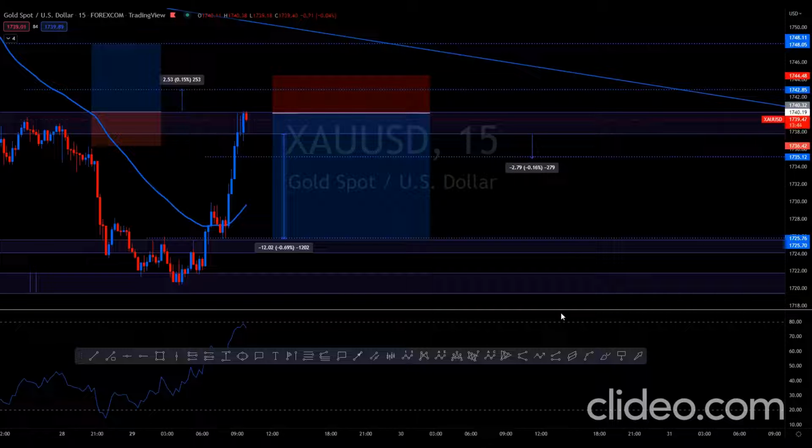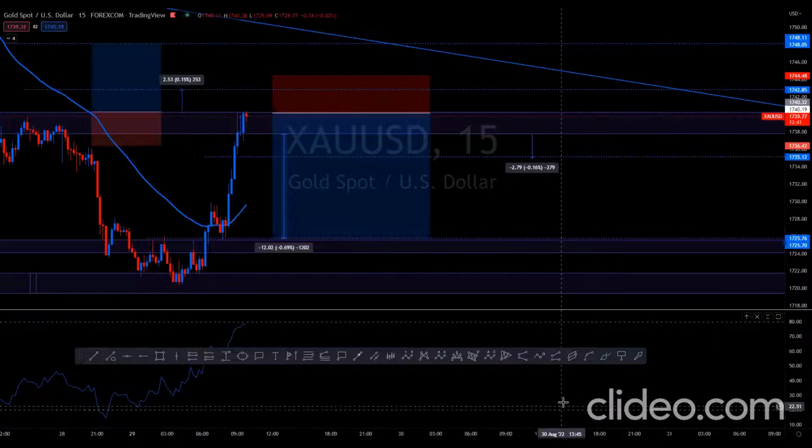Yeah, it looks like it's retesting that area. So might be a retest here. Seen this before. Price might actually be pushing up.